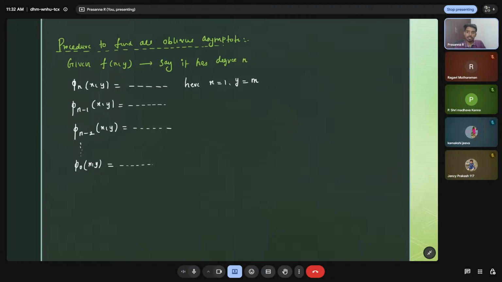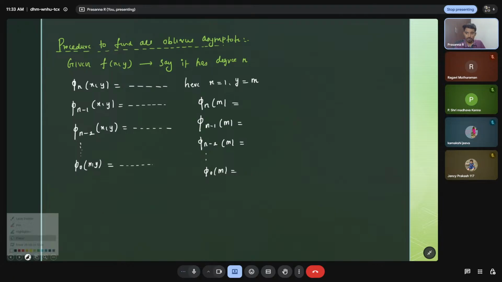Then this reduces to phi n of m, and this reduces to phi n minus 1 of m, because if you put x equal to 1 and y equal to m in this term, it will be a function of m only. So phi n minus 1 of m, phi n minus 2 of m, and so on up to phi naught of m.